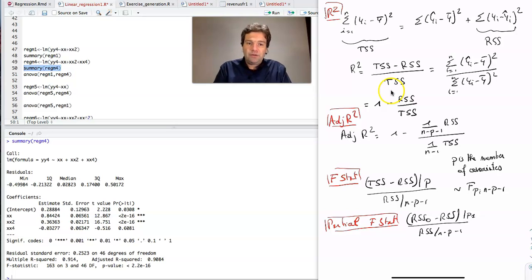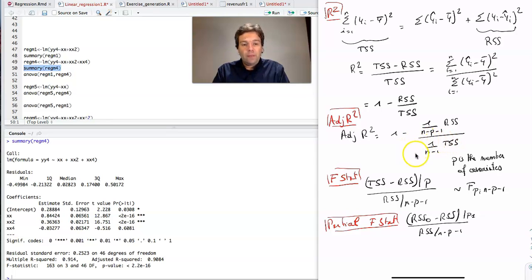It is very close to the formula of the R square: 1 minus RSS, that we find here, divided by TSS, that we find here. But we multiply both the numerator and the denominator by a quantity.